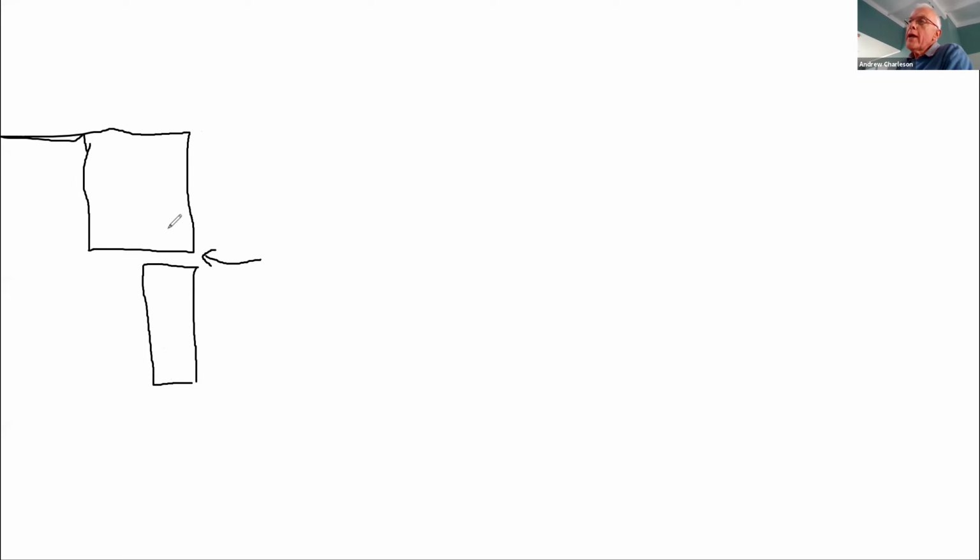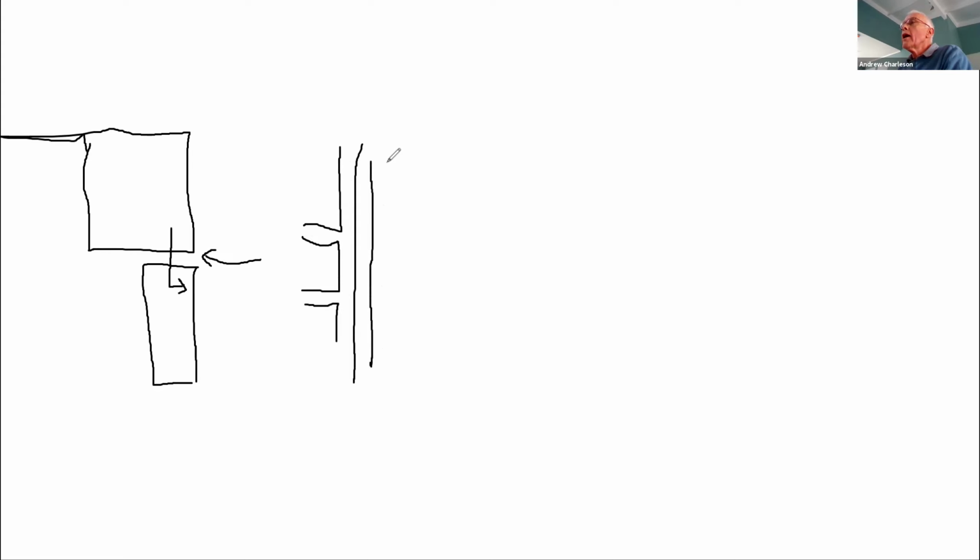And so if we draw a section through the buildings, we've got one building and it's got columns and beams. And here is the second building. And there is a gap. This is the beam. The beams. And this is the gap here.